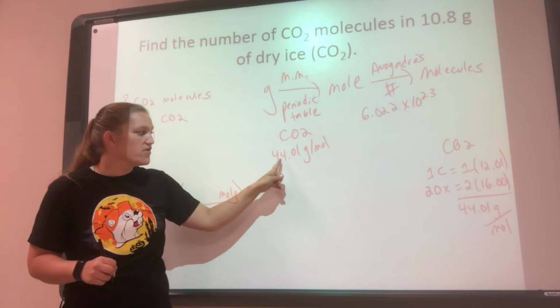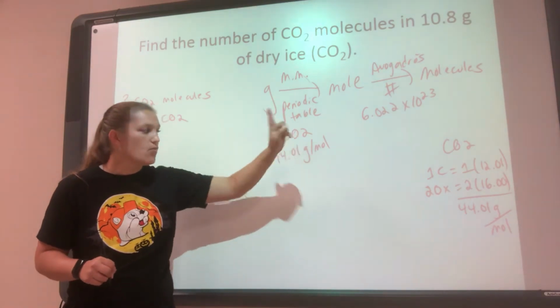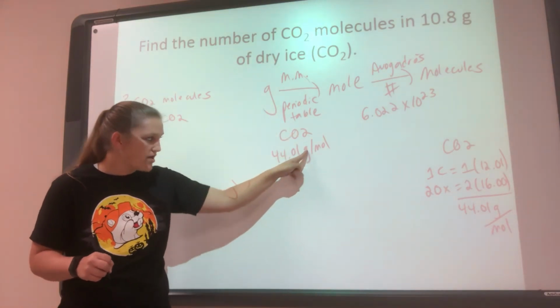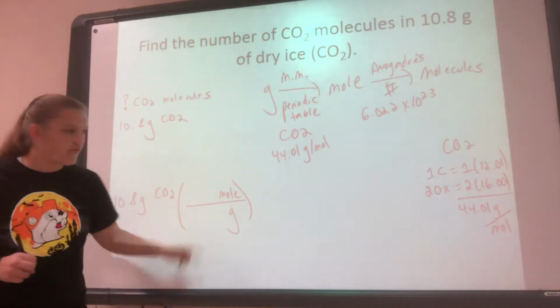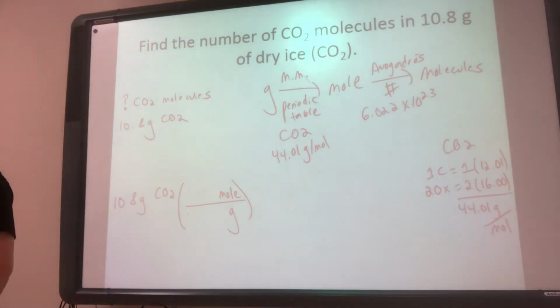This number says it's 44.01 grams per 1 mole. So the 44 goes with the gram. So if the gram's on the bottom, the 44 goes on the bottom. And 1 mole. Grams cancel. I don't want moles, I want molecules. Actually, I can make that a little bit bigger.